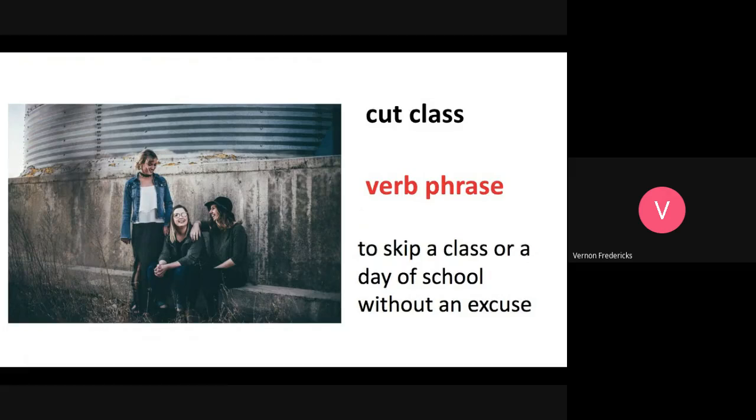Another verb phrase, to cut class. Okay, to cut class means to skip a class or a day of school without an excuse. Okay, you are tired, you don't come to the afternoon classes, you cut class. Okay, or maybe you are tired and you don't want to study today.